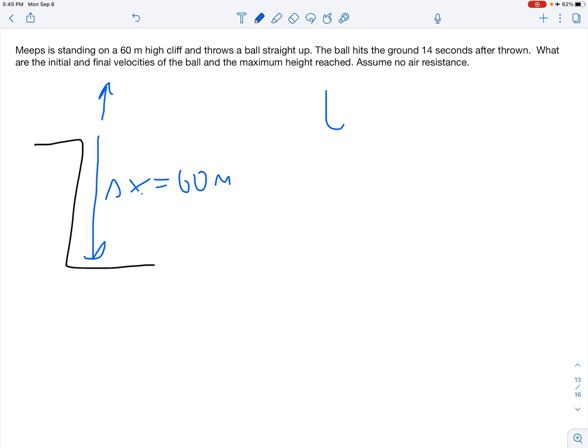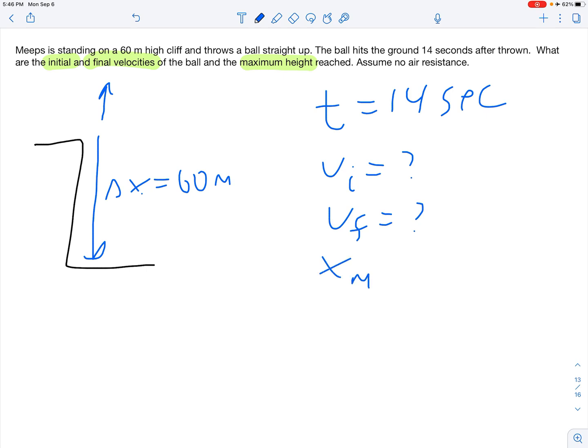And this time we have a time, 14 seconds. And we want to know the final velocity, the initial velocity, and the maximum height.